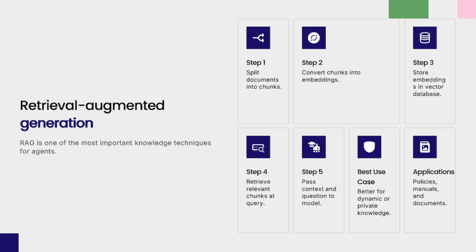It prevents them from beating around the bush or generating inaccurate information. It prevents an agentic system from assuming what is not right. Do you understand? RAG is one of the most important knowledge techniques of agents. It is very important in generative AI system design and agentic AI system design.